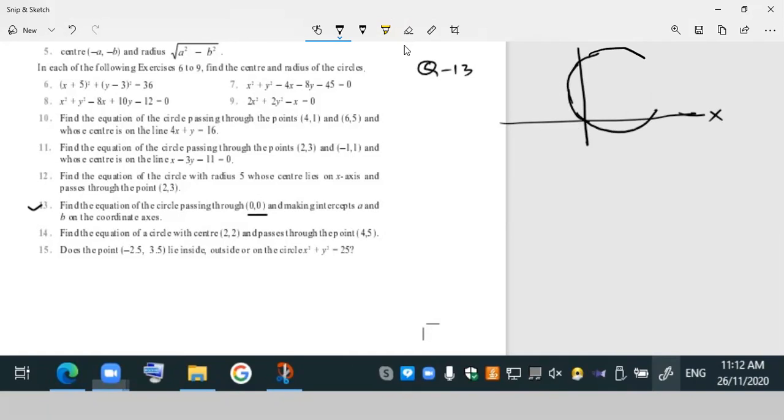Like this, the circle is passing, with intercept A on the x-axis and intercept B on the y-axis. It intersects the x-axis at point A and the y-axis at point B, and it is also passing through the origin.